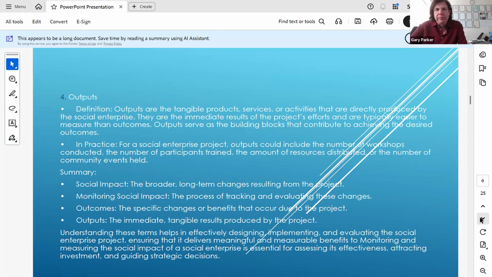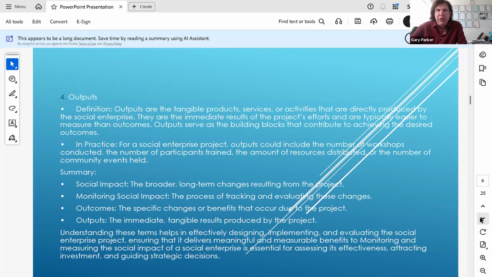We're going to look at outcomes, which we just looked at, outputs, and then social impact. An output is a tangible product, service, or activity that is directly produced by the social enterprise. So, what does that mean?